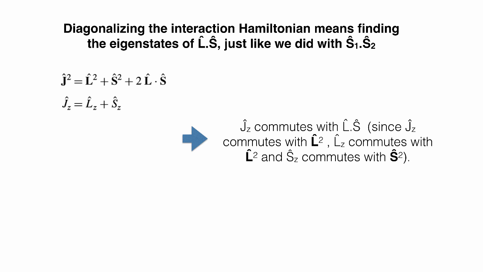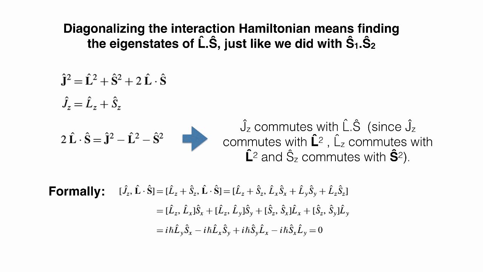So the fact that Lz commutes with L square and Sz commutes with S square is not an issue, and the fact that Jz commutes with L square becomes directly apparent from the discussion that we can have now. In other words, now we can write 2 L dot S is equal to J square minus L square minus S square. So we find that indeed Jz commutes with L dot S.